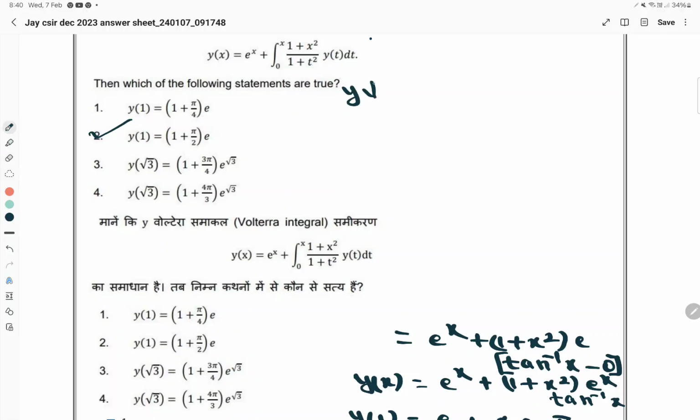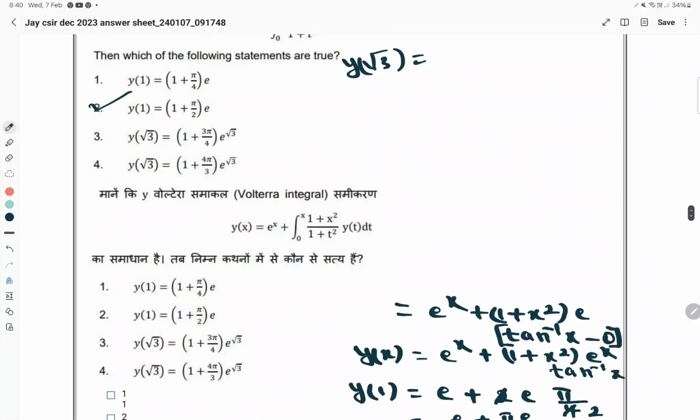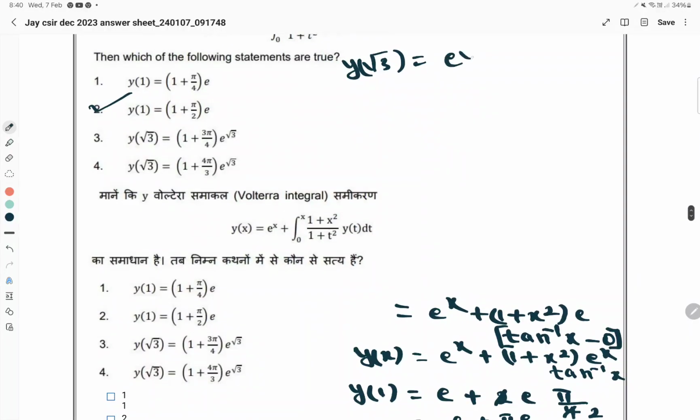Y of root 3 is equivalent to e power root 3 plus (1 plus root 3 the square) into e power root 3 tan inverse of root 3.